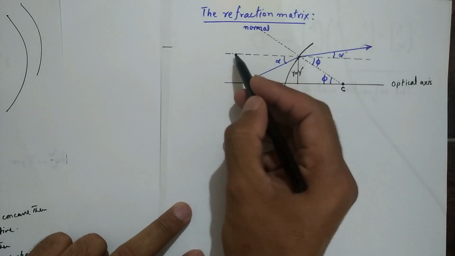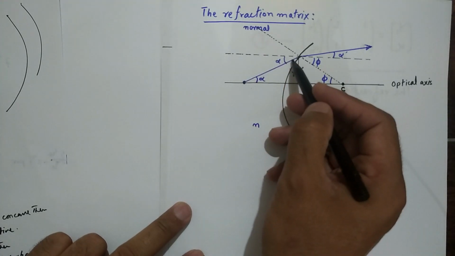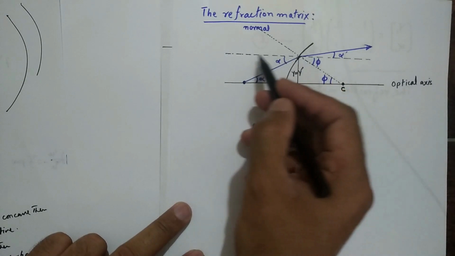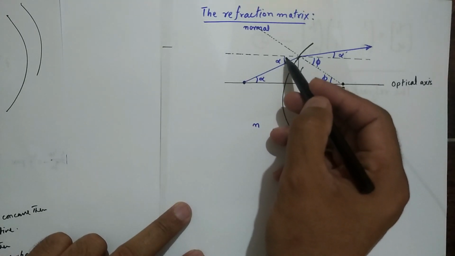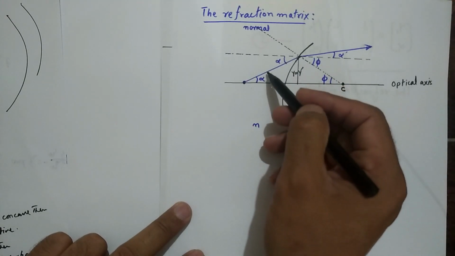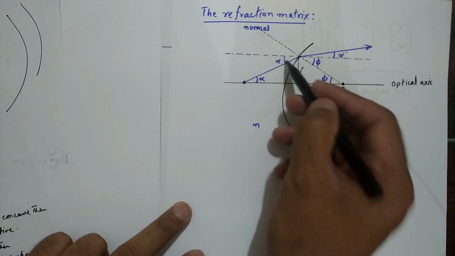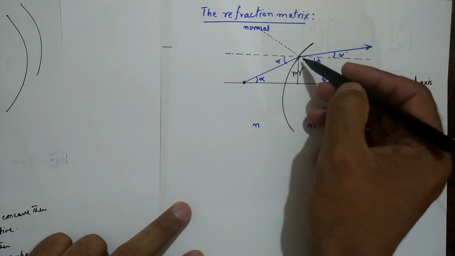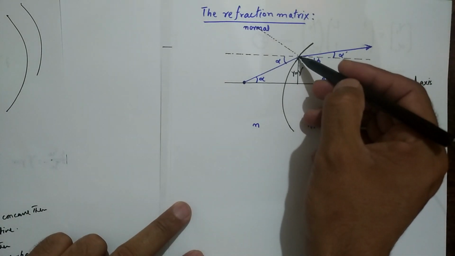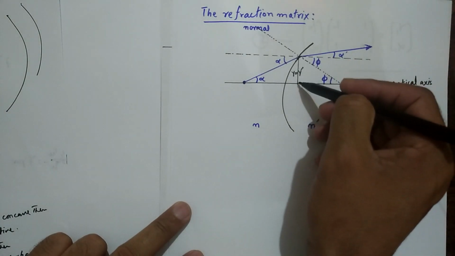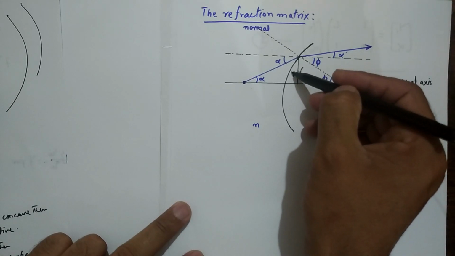Similarly, the angle of the ray at this point with the optical axis is still alpha, as from the geometry you can see that this angle is equal to this one. At this point the height of the ray from the optical axis is y.